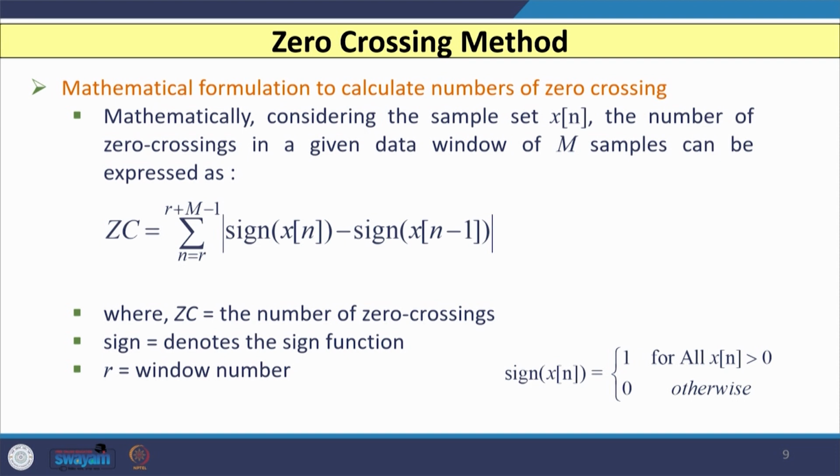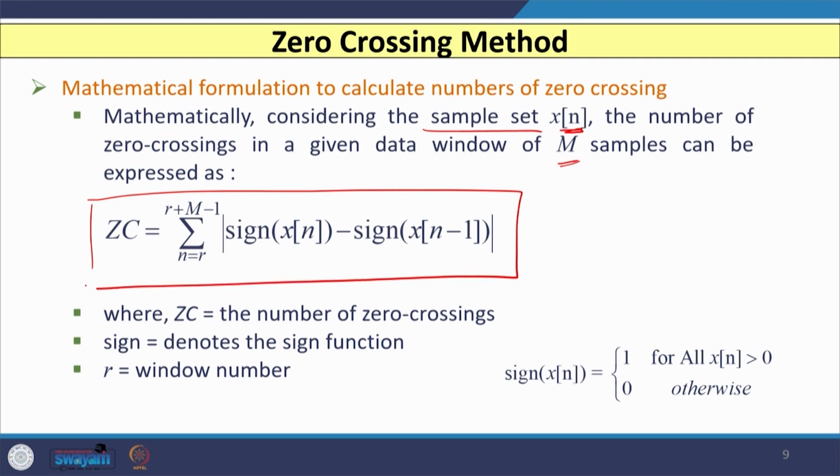Let us say a set of samples x[n] is available with us, and the number of zero crossings in a given data window of m samples can be expressed by this equation.